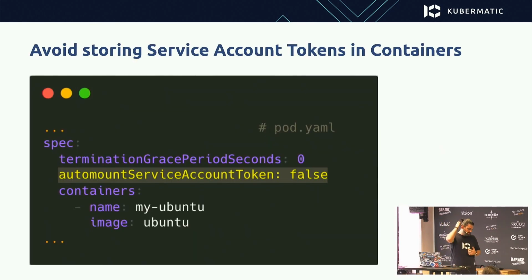This is needed if your pod will be talking to kube API server to get some info. That's why we use service accounts. And if your pod will not use it at all, then you don't need to mount it. So automountServiceAccountToken should be false to make sure that you will not have this default service account token mounted to your pods.